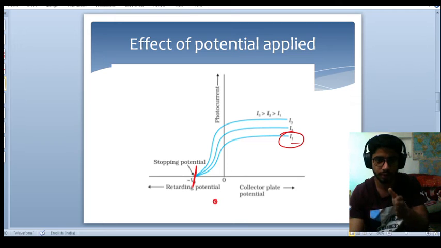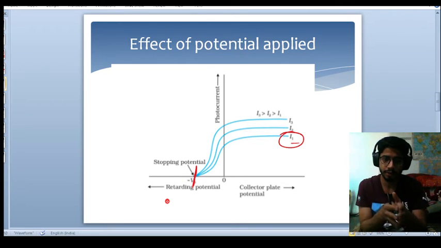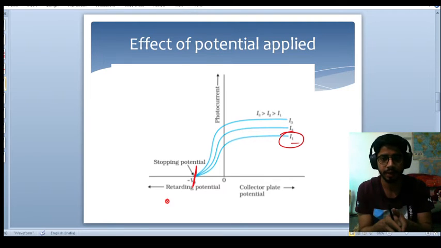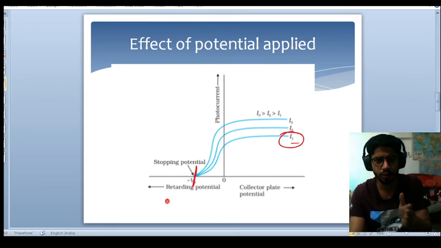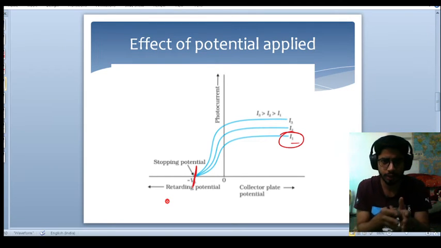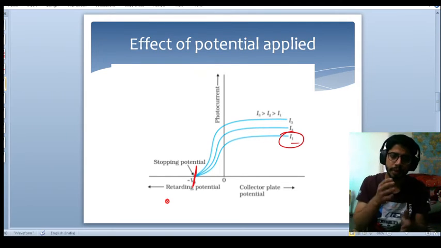The stopping potential is nothing but the minimum potential required to stop the electrons from coming to the detector plate.